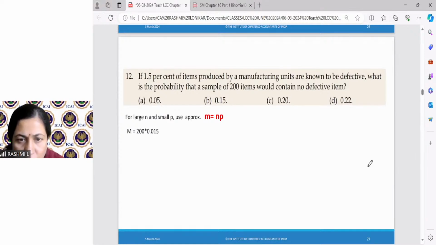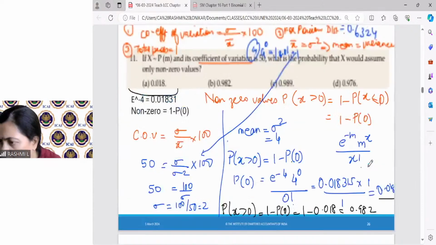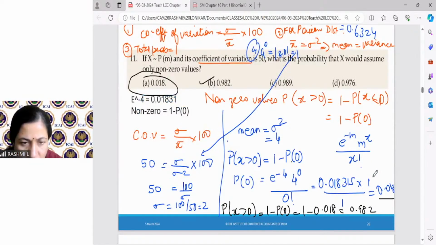Okay, any other questions? SD upon mean. Yes, Anuj, correct. Priyanka, correct. Anushka, yes, very nice, Anushka. Kritika, correct.